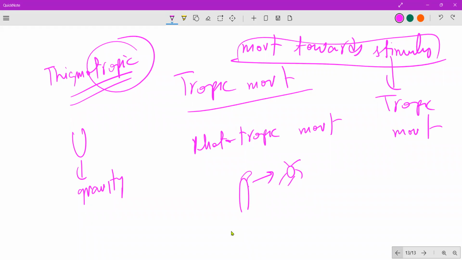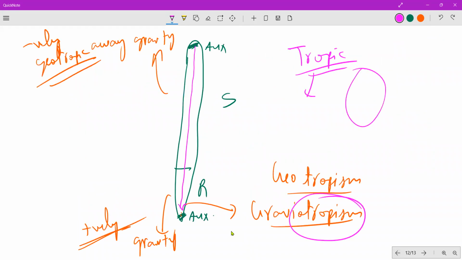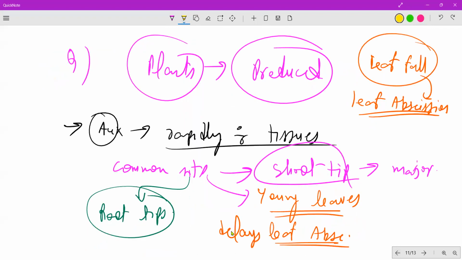Okay? So we're not looking at all these in detail. I was just talking about the role of the auxins. We're talking about the production sites of auxin. I told you one of the major sites of auxin production is the shoot tip, the young leaves, and roots also produce auxin, but still they're dependent on shoots for the auxin.